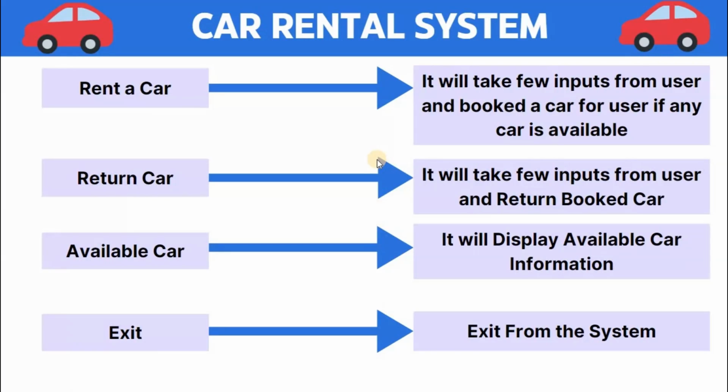Or if we are trying to return a car but have not booked anything, that means it's an invalid thing. That kind of validation we are also going to add here. So without further delay, let's create the code and try to understand from there.